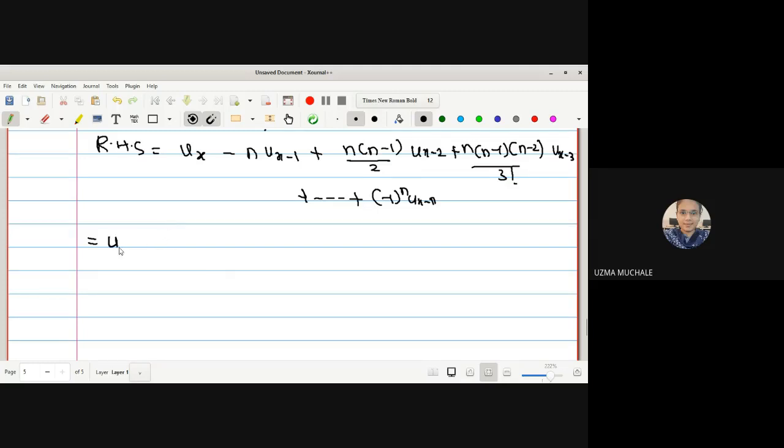For that, let us write u_{x−1} as E raised to minus 1 into u_x, because the shift operator will shift it to the backward position. Plus n(n−1)/2 into E^−2 u_x, plus n(n−1)(n−2)/3! E^−3 u_x, plus up to so on.